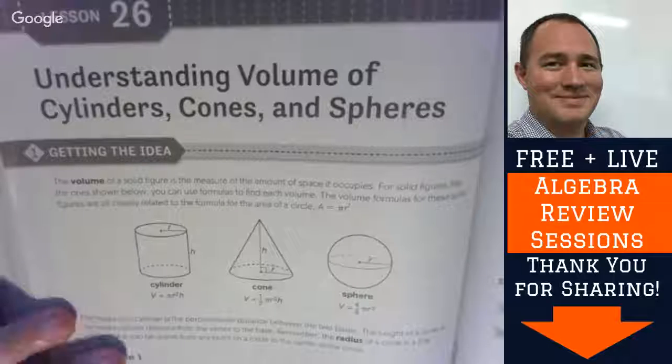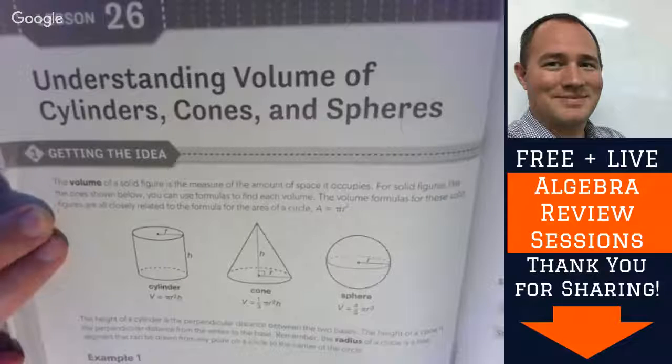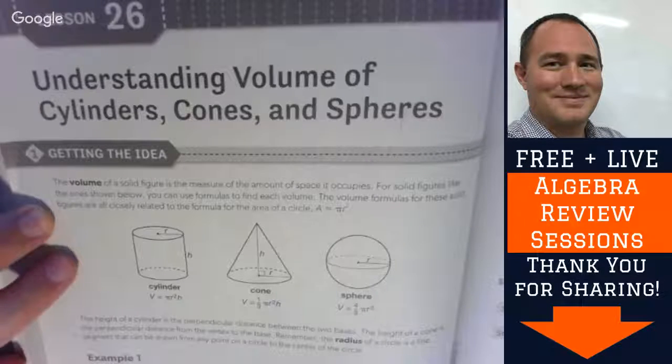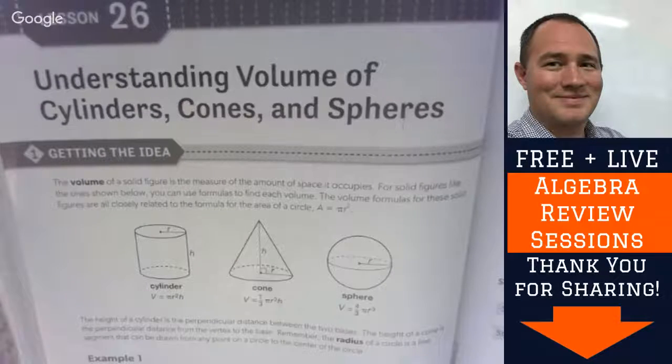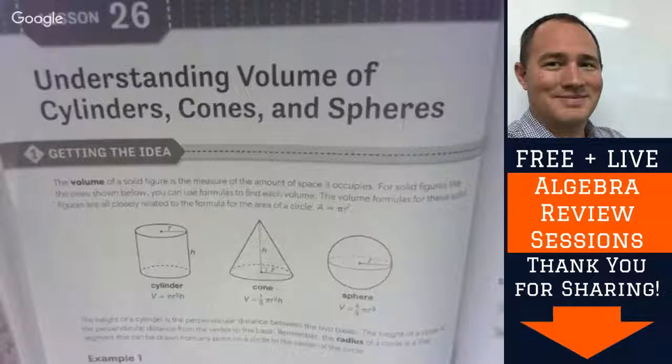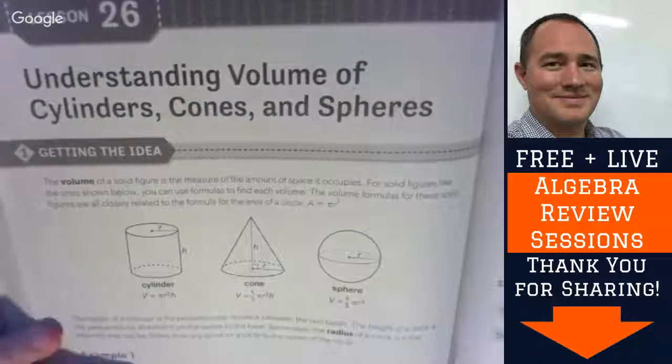For solid figures like the ones shown below, you can use formulas to find each volume. The volume formulas for these solid figures are closely related to the formula for the area of a circle. Area equals pi r squared. So the main ones we're talking about today so far are cylinder, cone, and sphere.